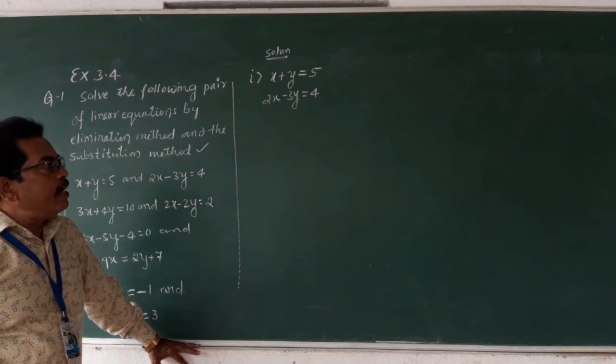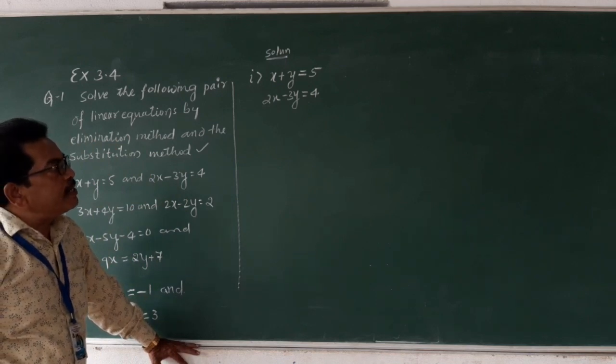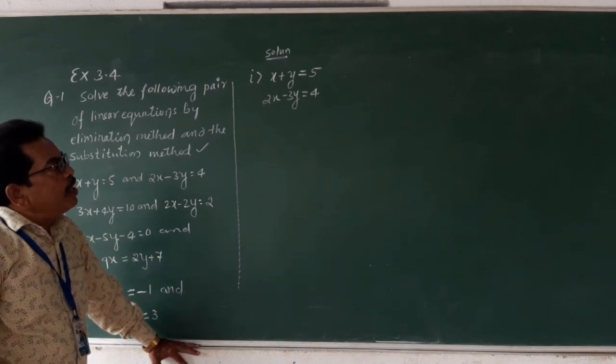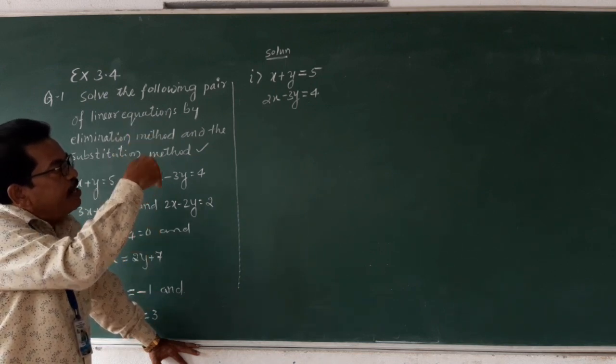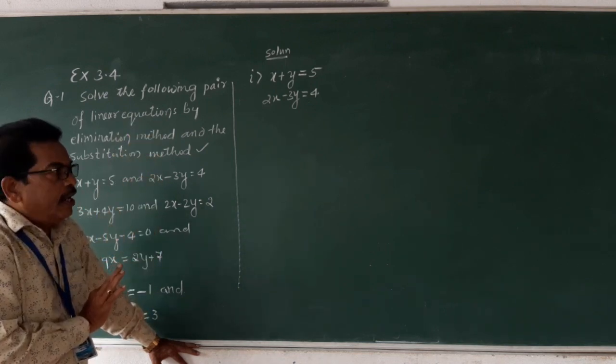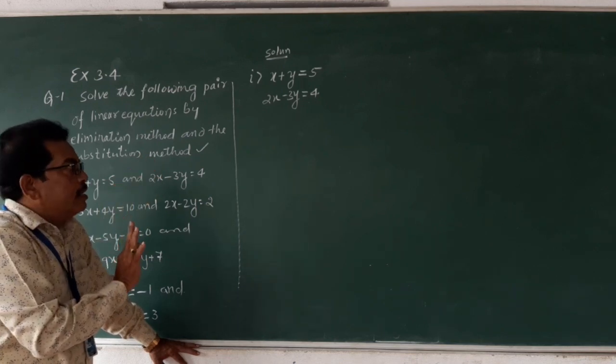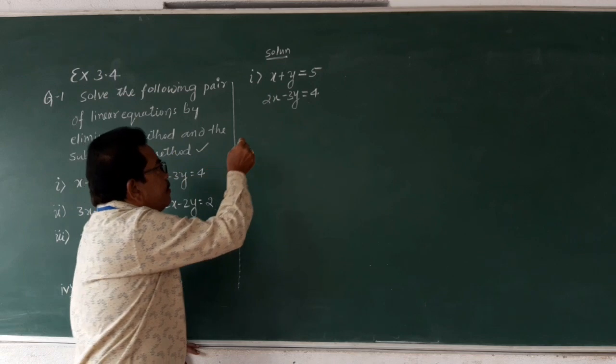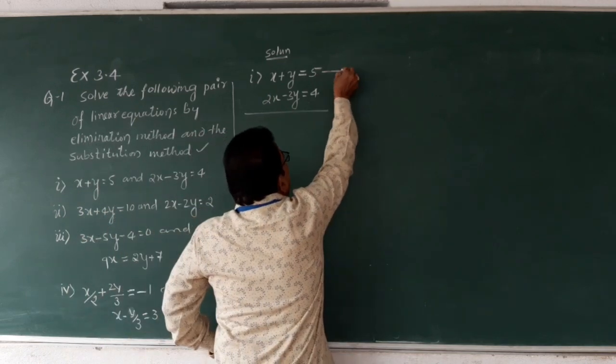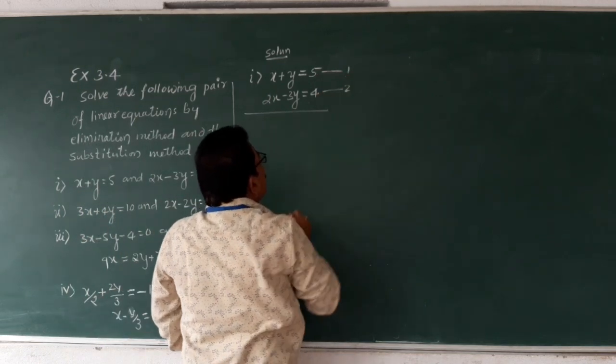In this method, what we have to do is we have to equate the coefficient of any one variable, either variable x or variable y. So we have to make them equal. See the equation 1, equation 2.